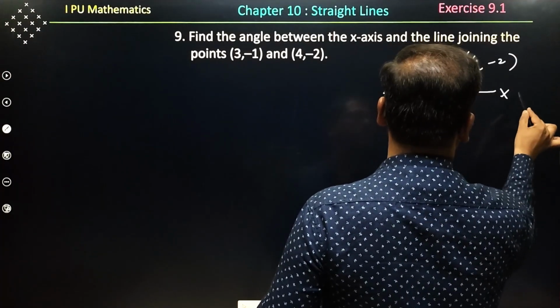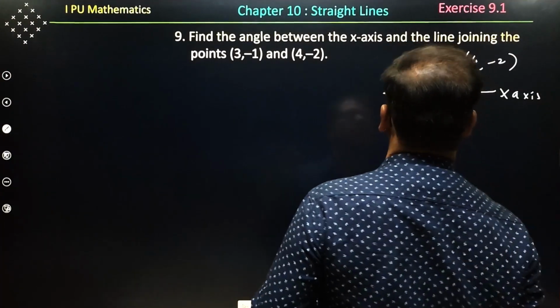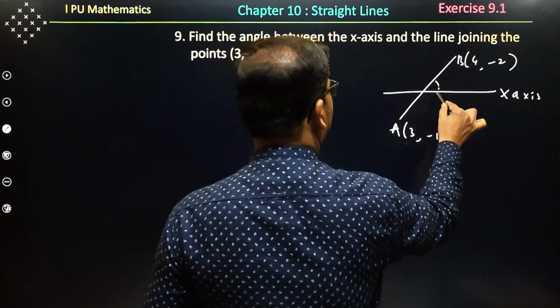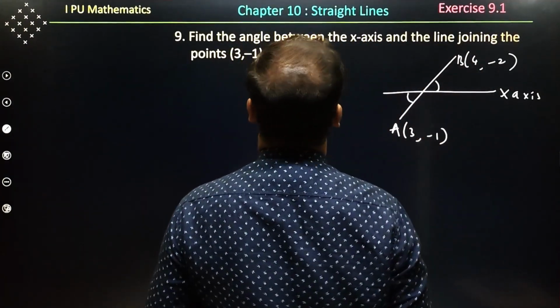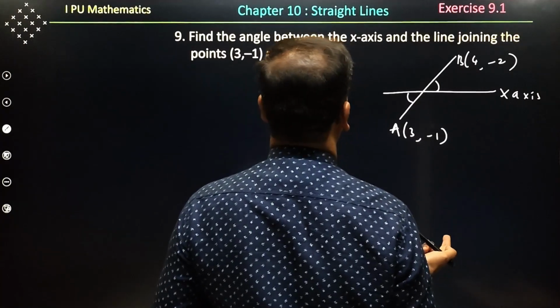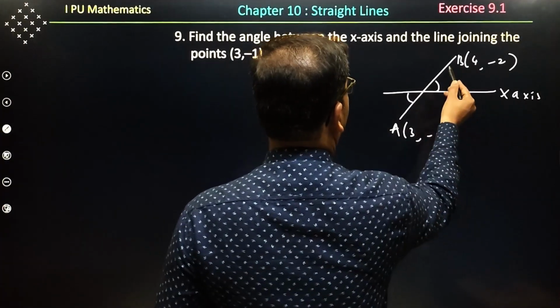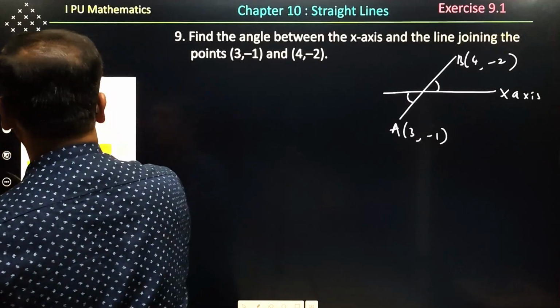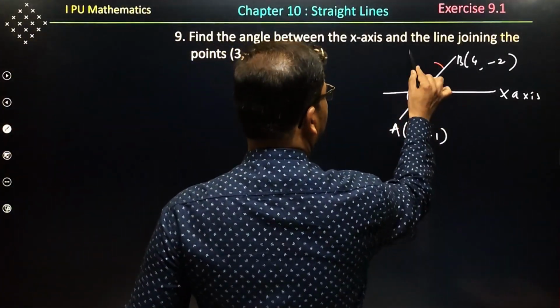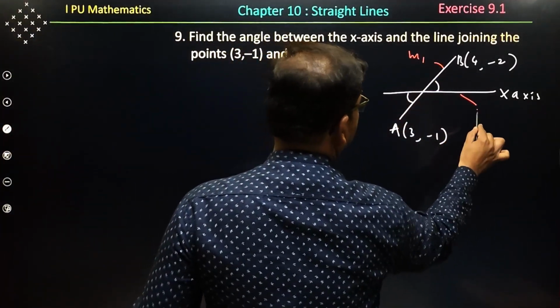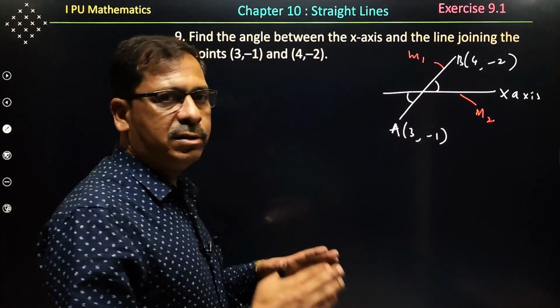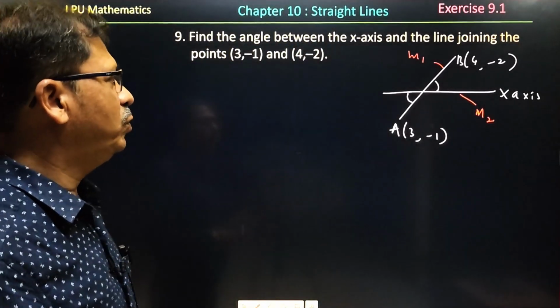Another one is the x-axis. Angle between these two, this one we need to calculate here. Take the slope of this line as m1 and take the slope of the x-axis as m2. And let us find out m1 and m2.